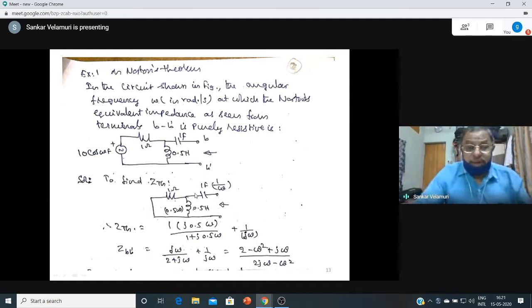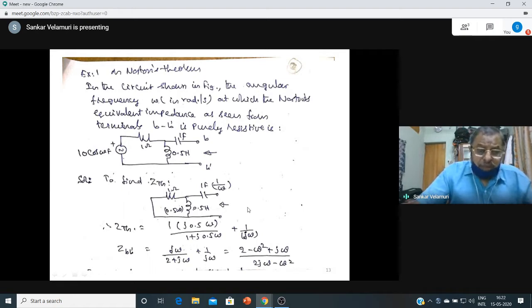Looking back into the terminals of the network means that as viewed from the terminals, you have to find out. That is called looking back into the terminals. There is no other choice. So replace the voltage source and then find out this. Thevenin originated that particular statement maybe centuries ago, right? These theorems are very critical, very, very important.